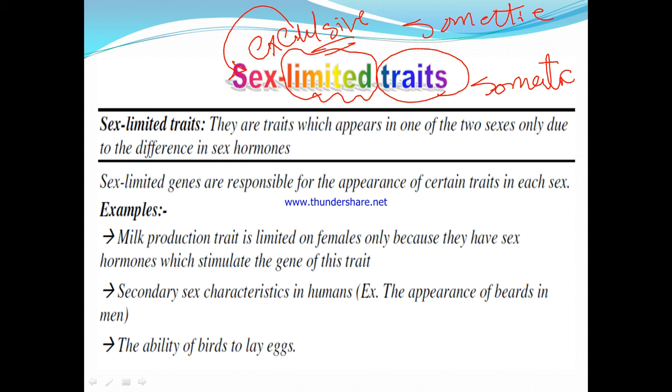It means one sex has this trait and the other sex doesn't have it. So sex-limited trait is a type of somatic trait that appears in one of two sexes only. This is due to the presence of hormone but is not affected by sex hormone.